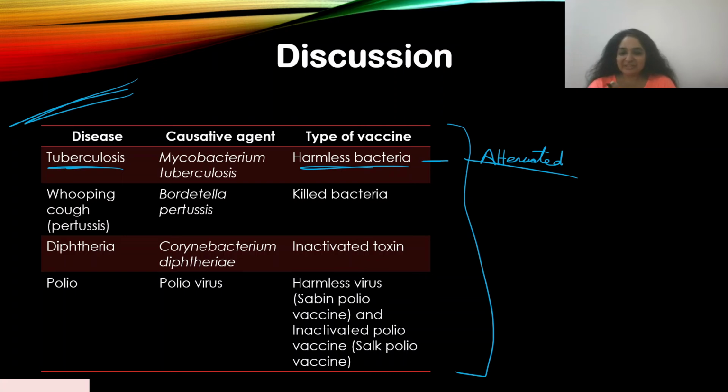It is only made in such a way that it stimulates your immune system to create antibodies against that particular pathogen. So in the case of tuberculosis, they have made a harmless bacteria which is attenuated, which is weakened. Now when they say killed bacteria, the bacteria is killed, it's inactivated. What they call is inactivated.